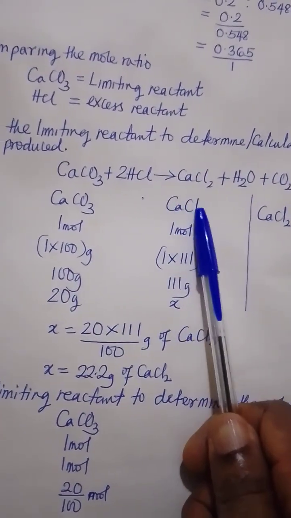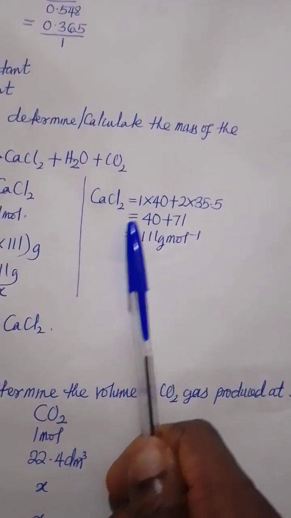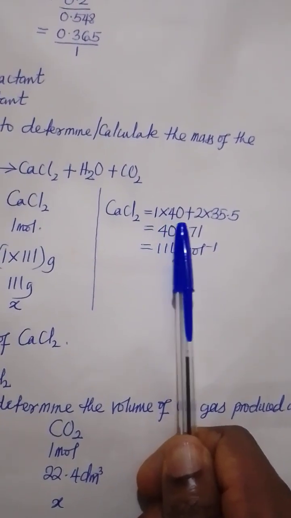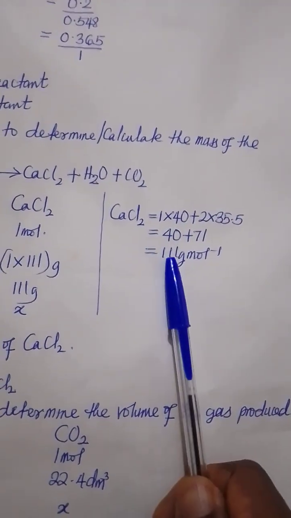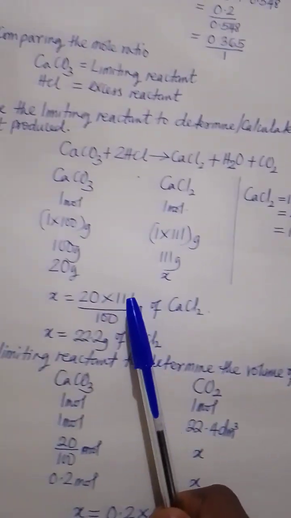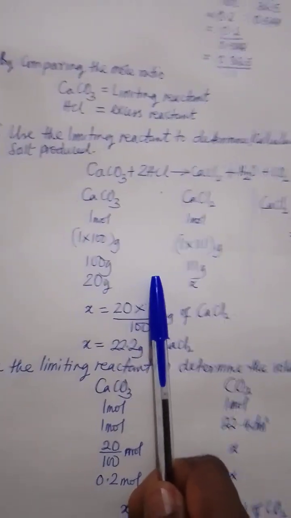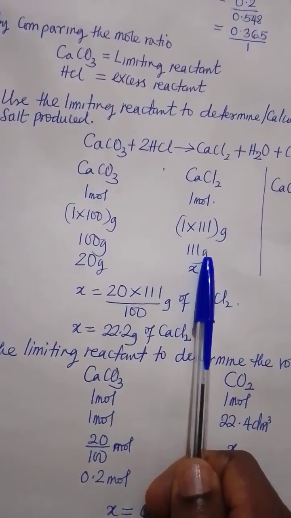For CaCl2, we didn't do that before, so by the side we did it as 1 times 40 plus 2 times 35.5. That will give us 111 grams per mole. And then we arrange it as follows. Don't forget this will give us 100, while this will give us 111.